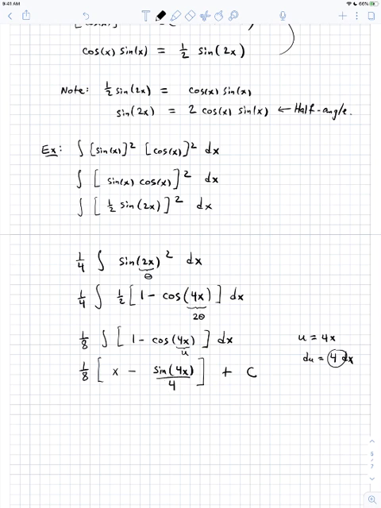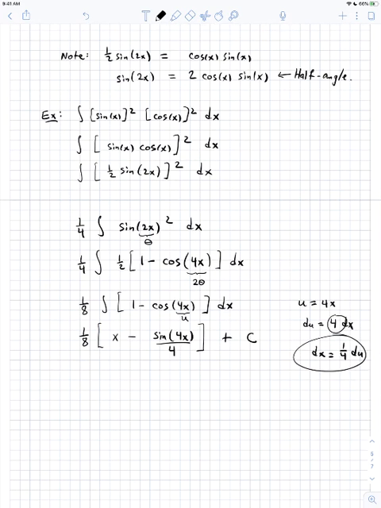Another way to think about that is to say that dx is 1/4 du, and you just plug that in there. That's where that 1/4 comes from. Anyway, this actually solves the problem for us. You could write it as x over 8 minus sine of 4x over 8 times 4, if you prefer. But there's your answer.